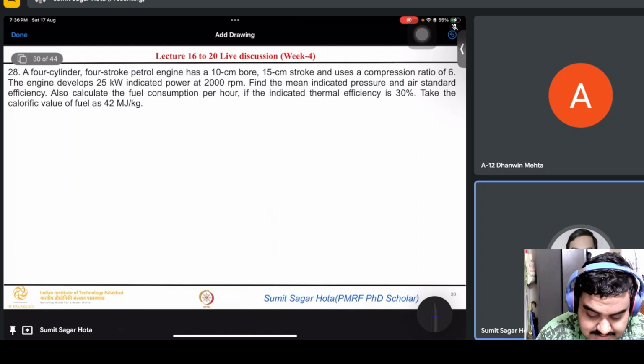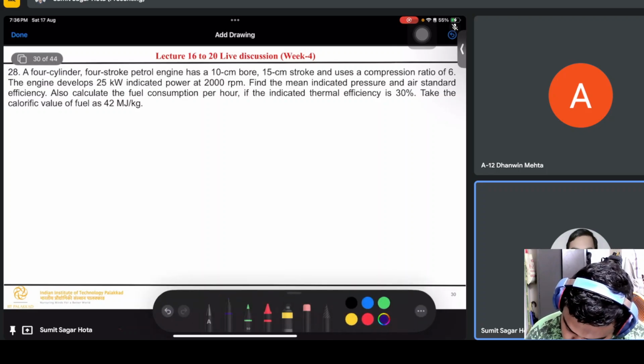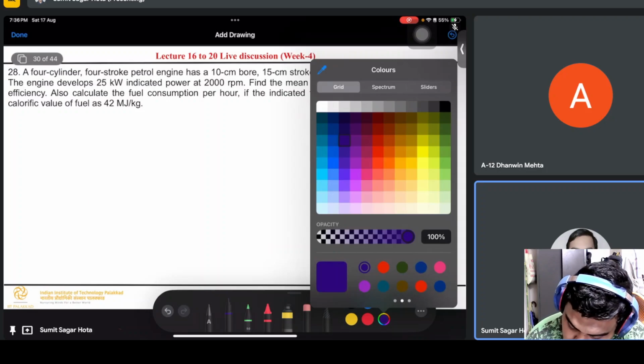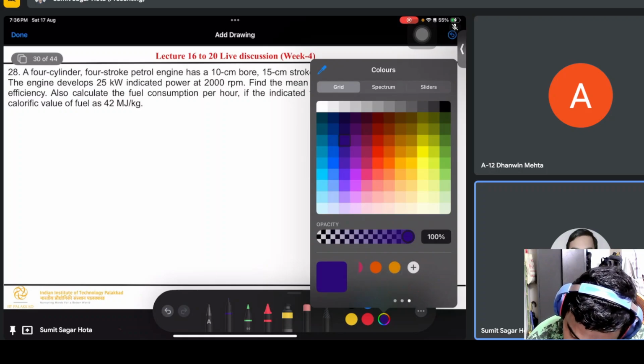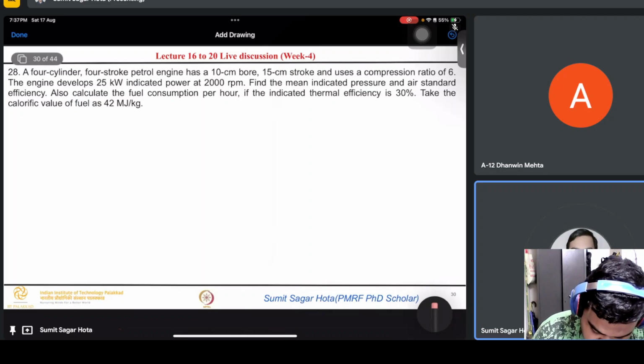So let's solve it. What are the things given?